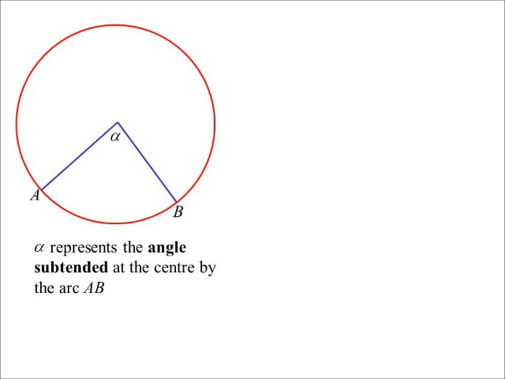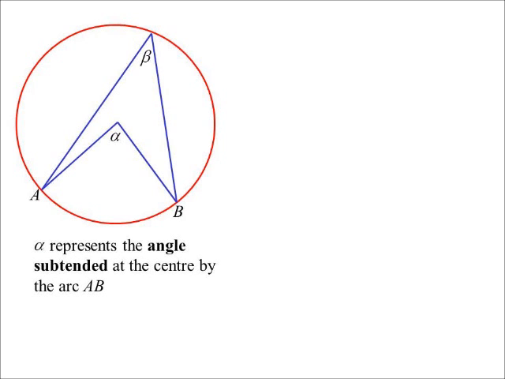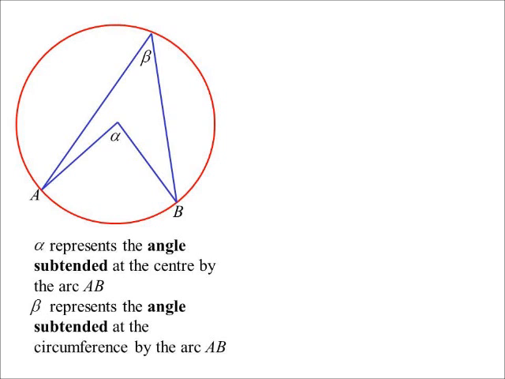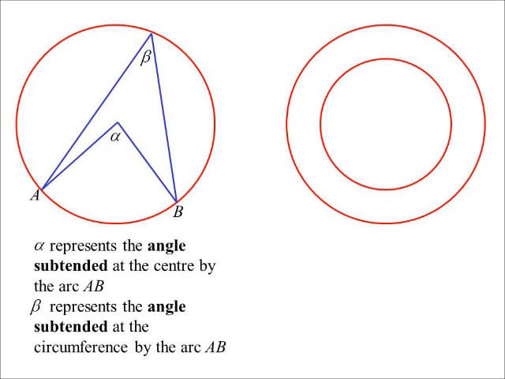You may remember a circle geometry theorem that also subtends an angle at the circumference. And so beta there would be the angle subtended, but again, by the same arc, AB, but at the circumference. Concentric circles, circles with the same centre.